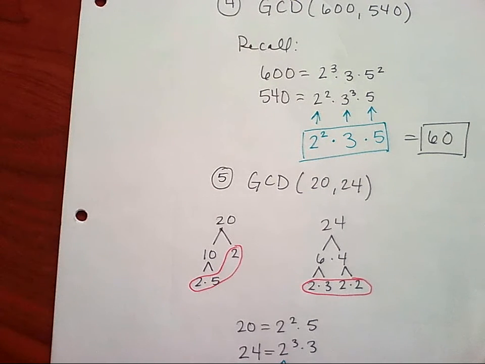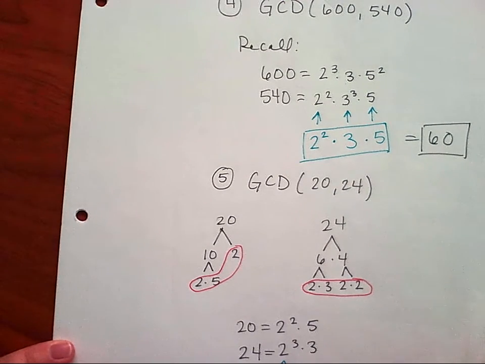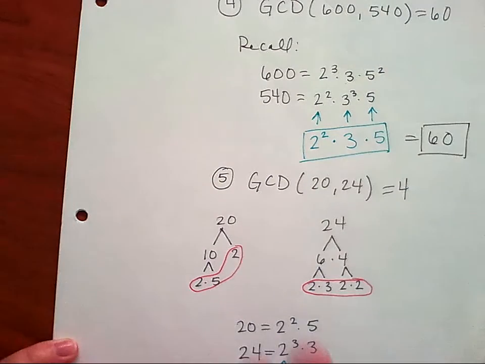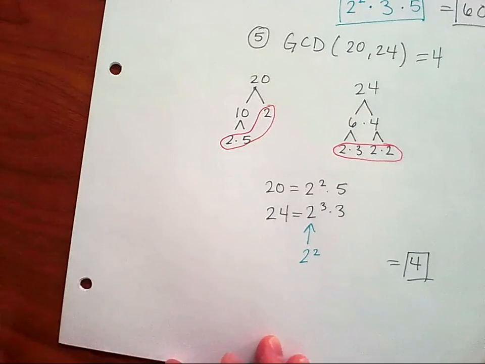If you're thinking about this in terms of factors, it would be the intersection, what's in both. So the GCD equals 4. This kind of tells us the process to find it.